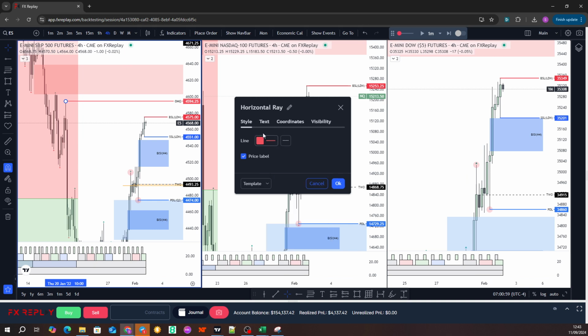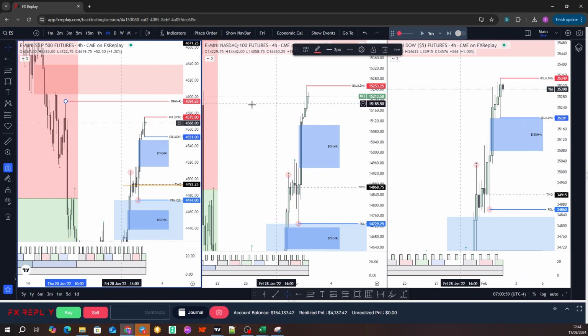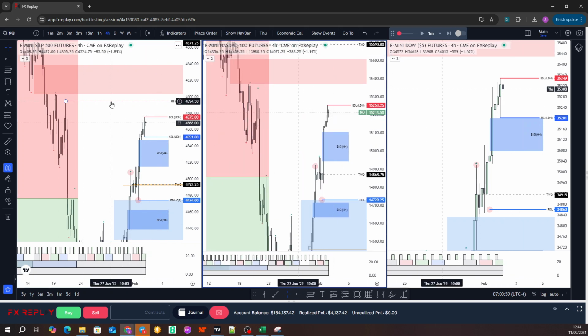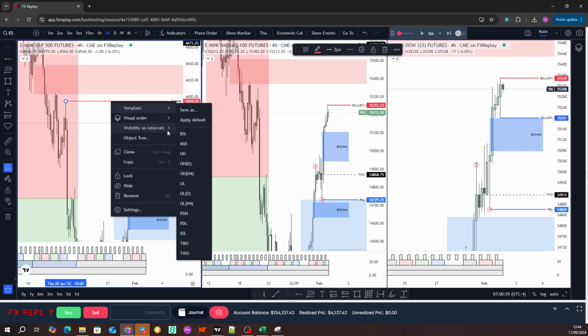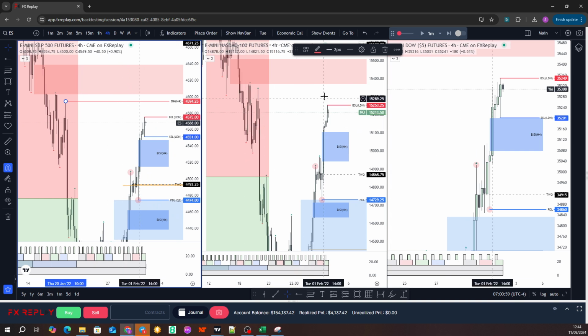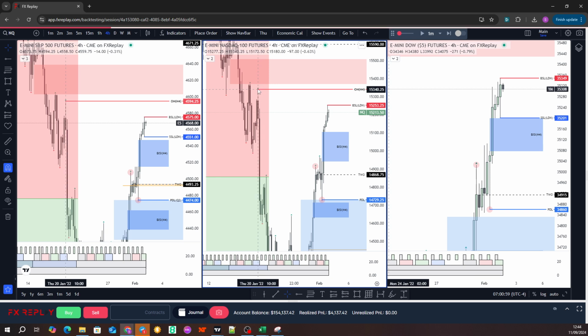Good, good. Right. This is just the slow part of everything, just making sure our key price levels are marked.